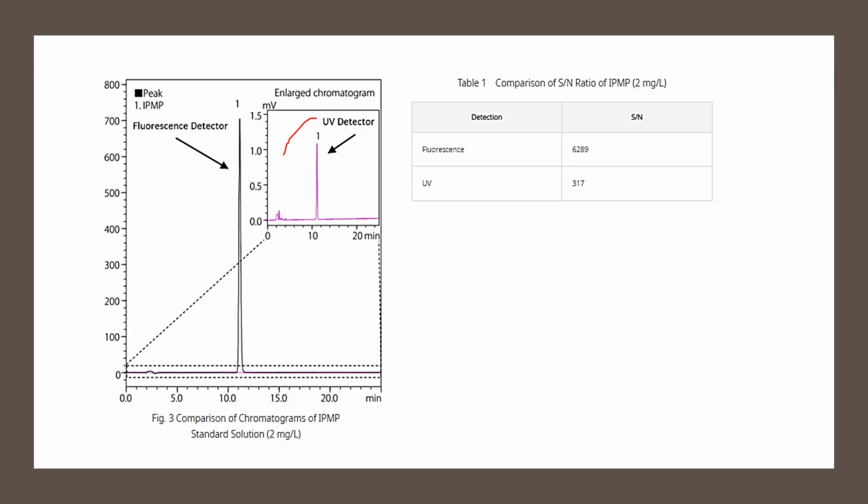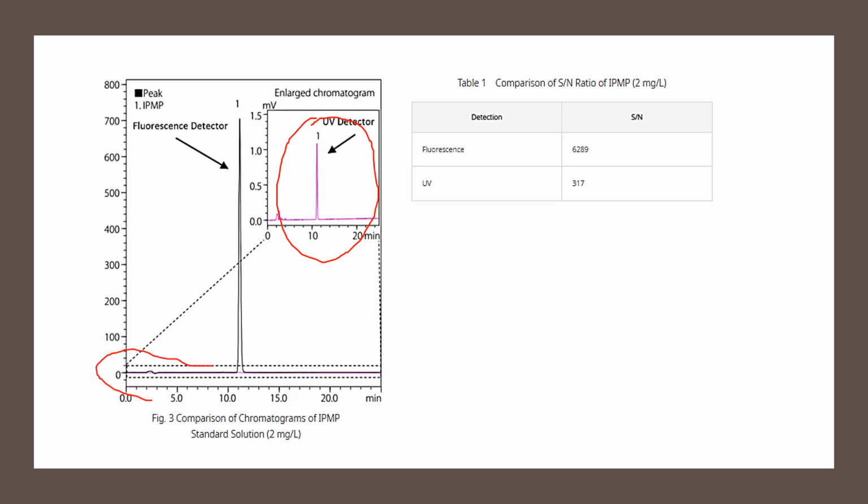The signal to noise ratio is only 317 as compared to the fluorescent detector where the signal to noise ratio is almost 10 times higher, more than 10 times higher. So this is the baseline.